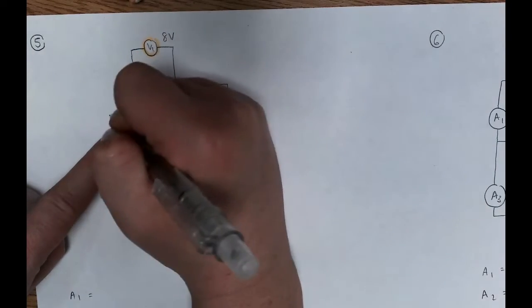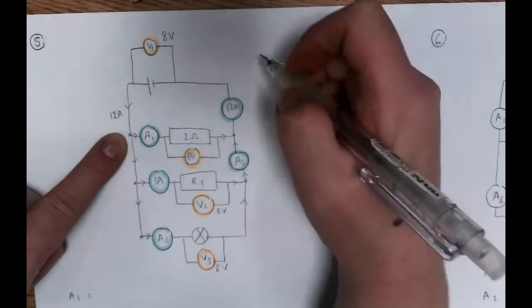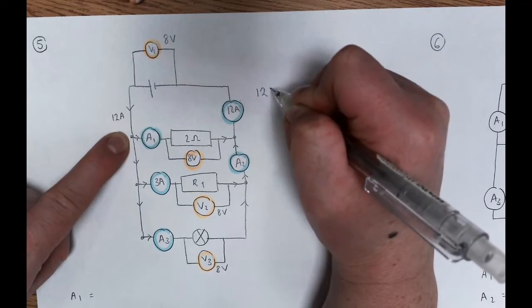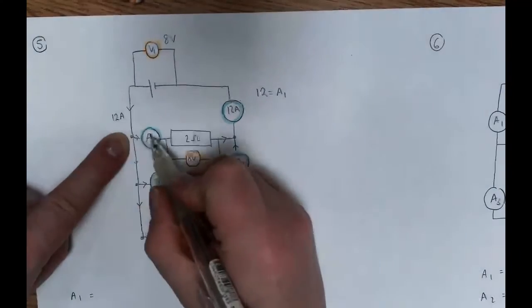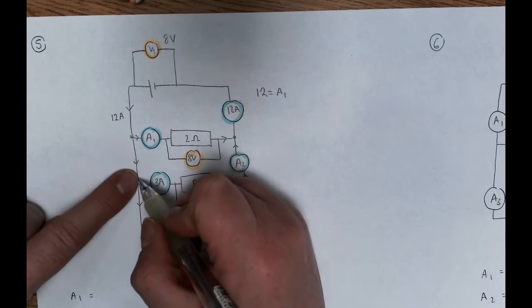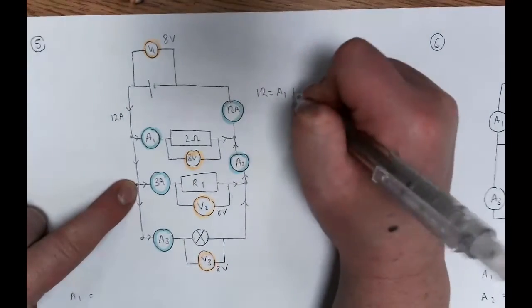So if we have 12 amps in, we know that into a junction equals out. So we have 12 in must equal A1 plus whatever current I have here, which is equal to 3 plus A3.